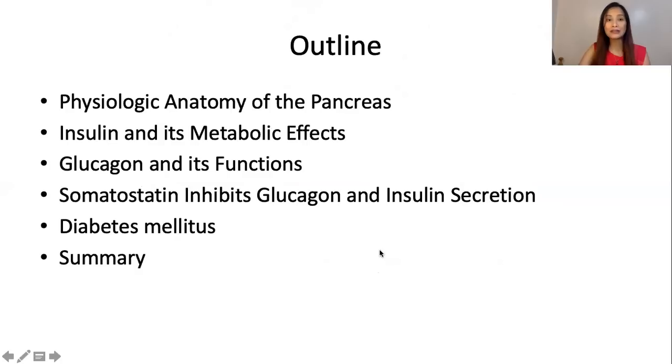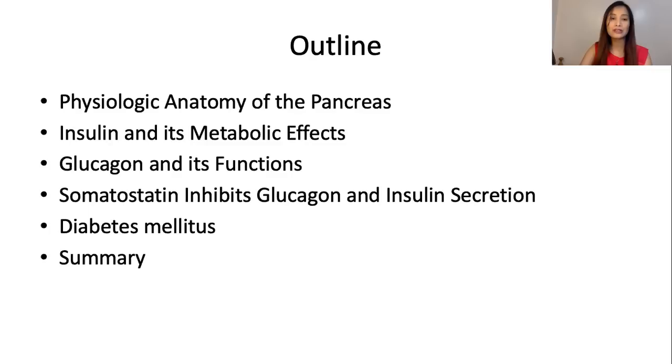So this will be the outline of my lecture. First, we're going to have a brief background on the physiologic anatomy of the pancreas. Next, we're going to discuss insulin and its metabolic effect, one of the most important hormones that you will have to study as a medical student.